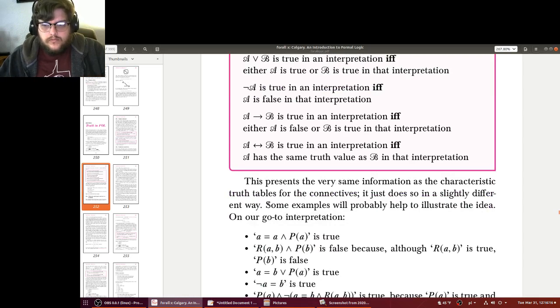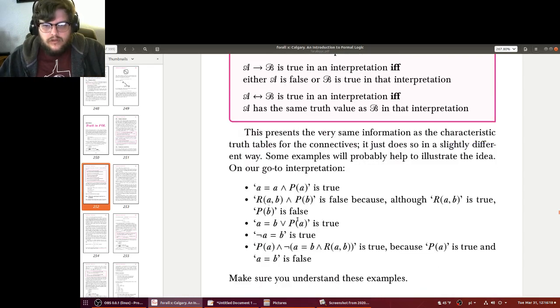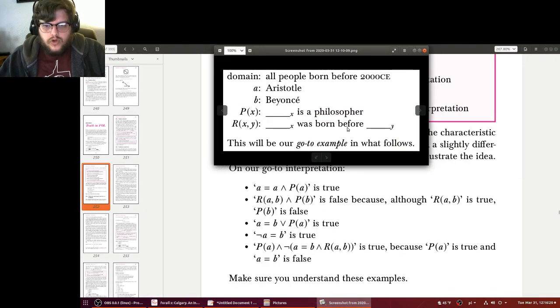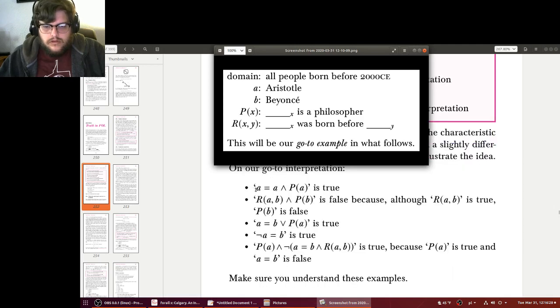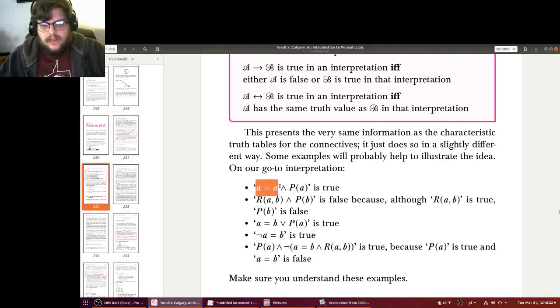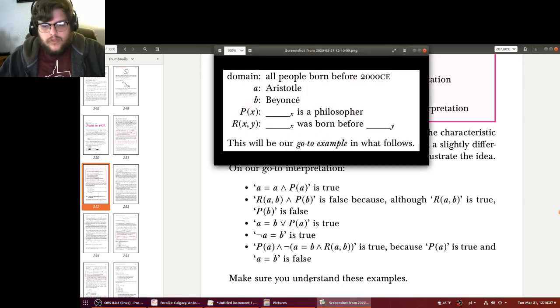So they look at some examples in terms of their go-to interpretation. So they say A equals A and PA. Okay, I read it a little weird. It's A equals A and PA, okay? Now, why is that true?